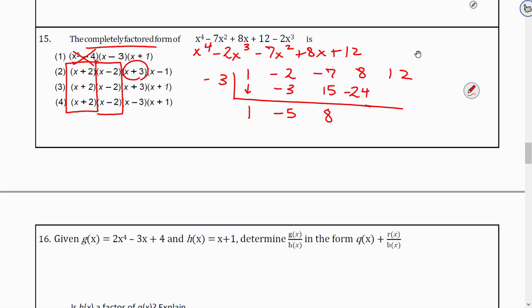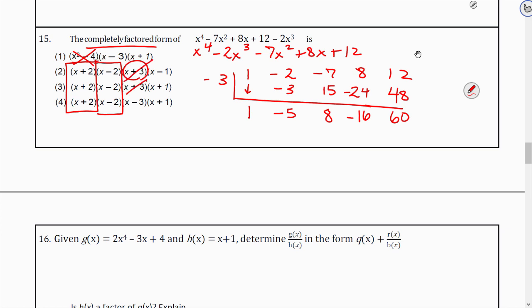Negative 8 minus 24 is negative 16. And negative 3 times negative 16 is 48. Is that right? Yeah? And I get 60. It's not 0. Okay? Which makes me think that this is not a factor. This is not a factor.